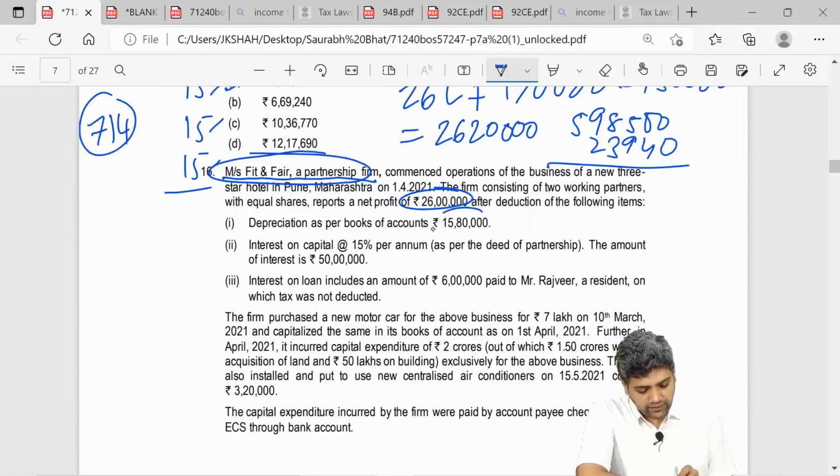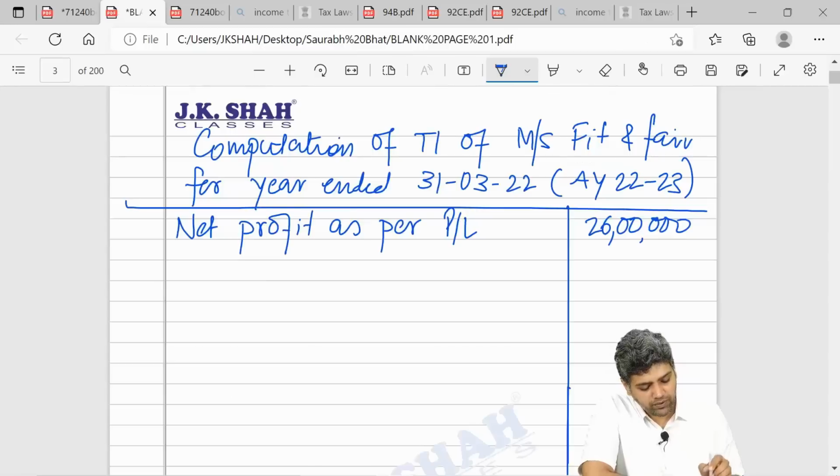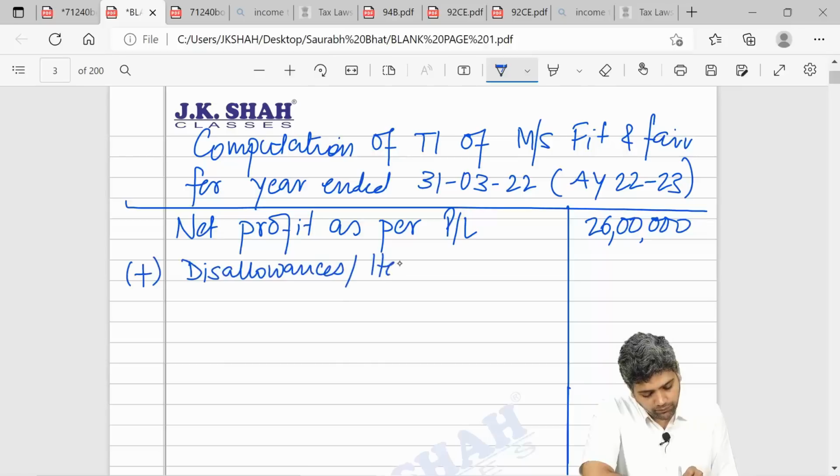Out of that 26 lakhs, first adjustment, depreciation is given as per books of accounts. Now as per books of accounts, depreciation will always be disallowed. So I will say add disallowances or items considered separately.